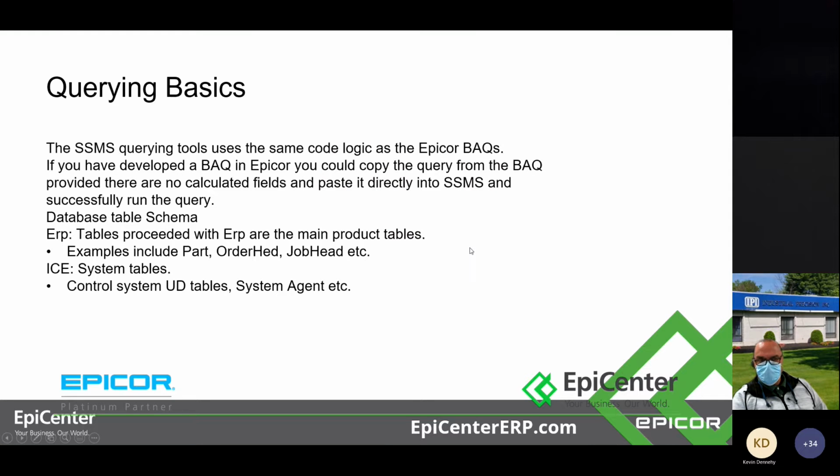So, querying basics. Most people in here have probably run a BAQ at least once in your lifetime of Epicor. And if you haven't, you're going to learn something a little bit new.